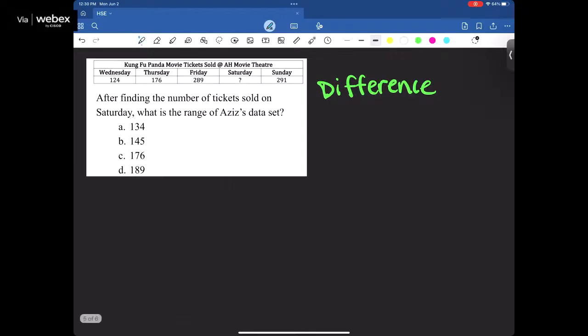Let's find the highest number in the data set. Of course, plug in what we know. That's going to be 300 minus the lowest number. The lowest number is 124. What is 300 minus 124? That is going to give us 176, which is C.